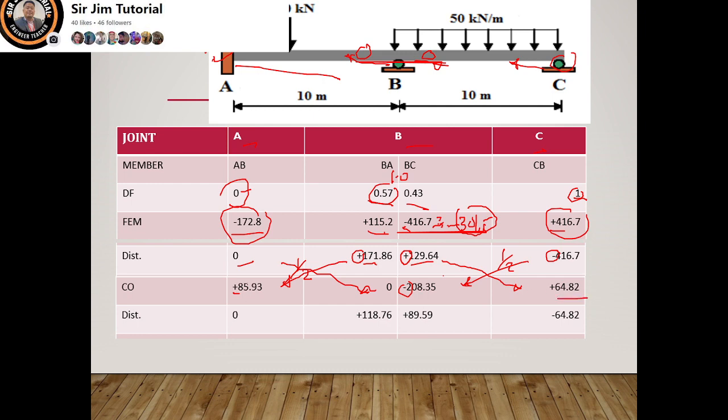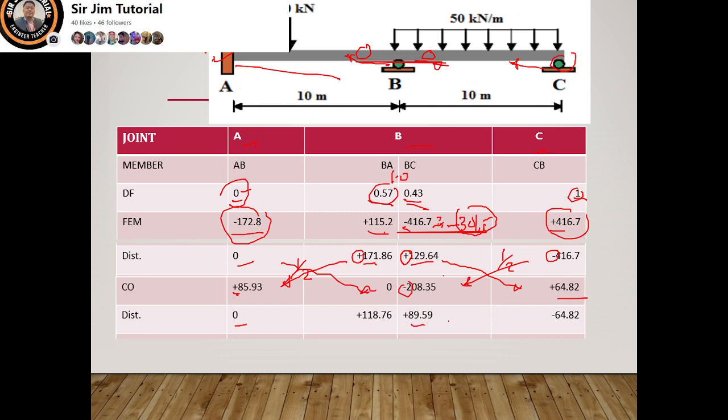Distribute this one, multiply by distribution factor, which is 0, will give you 0. This one, negative 208 and 0.57 will give you negative 118, but then change negative to positive. Similarly here, negative 208.35 and then multiplied by 0.43 will give you negative 89.59.